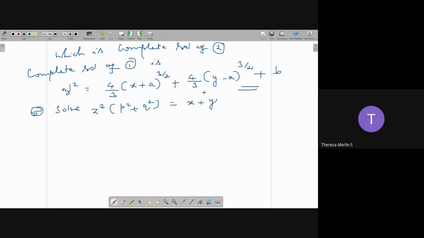No, sir, p square plus x square y square q square is equal to x square z square. That's the fourth problem, sorry. So the fifth one is p square plus x square y square q square is equal to x square z square. Okay, so this problem. So here, what we need to do here?